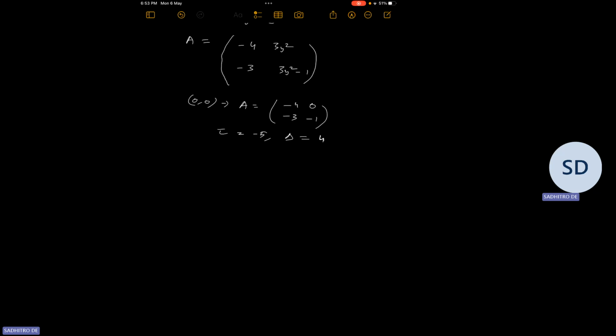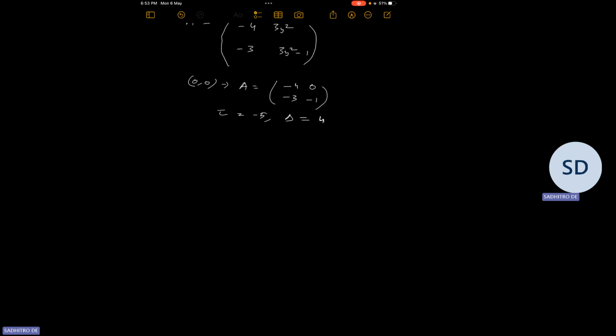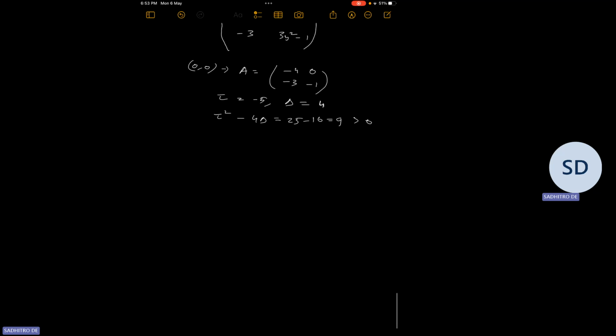So then tau square minus 4 delta is nothing but 25 minus 16, which is 9, greater than 0. Therefore, this is positive. So the origin is a stable node, like we saw in the previous example.